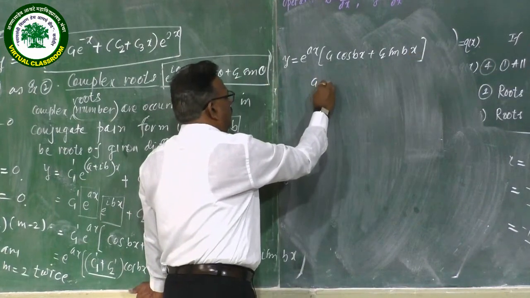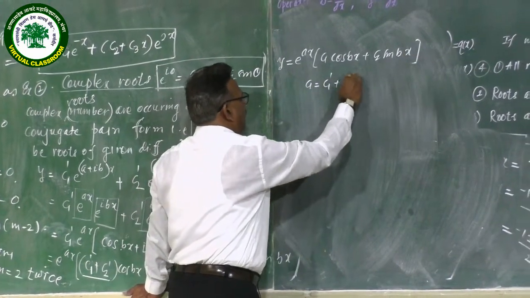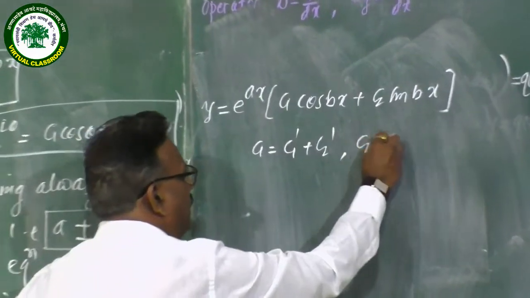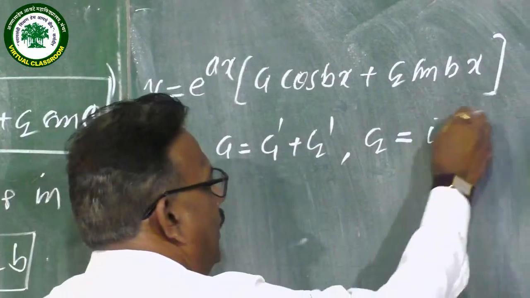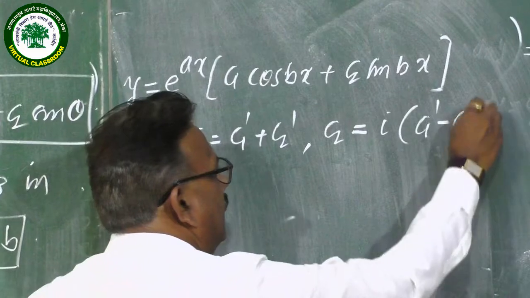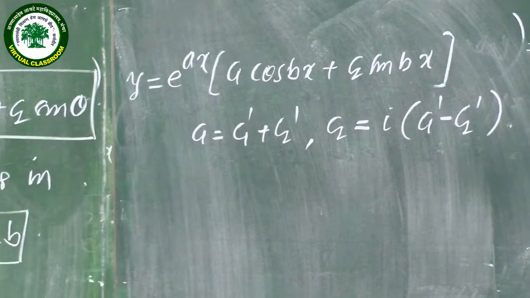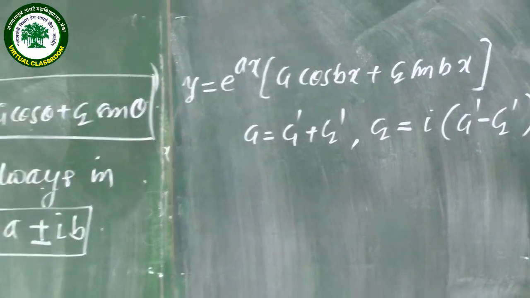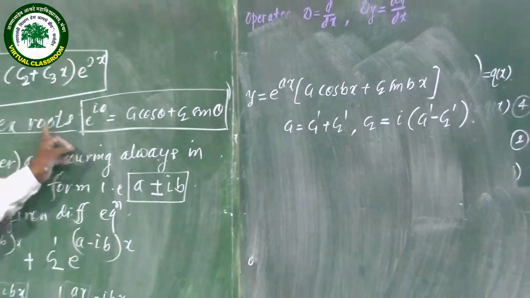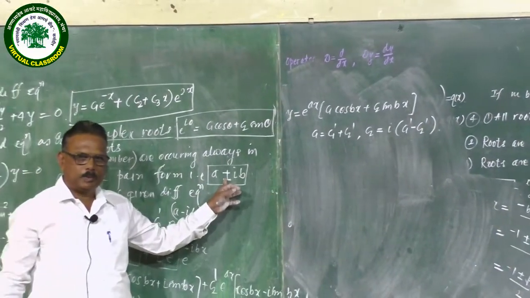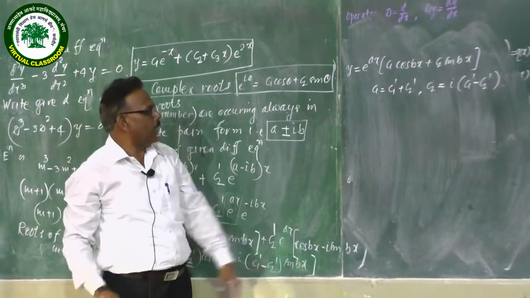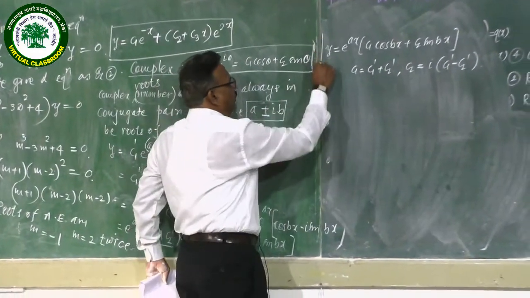This C1 is equal to C1 dash plus C2 dash and C2 is equal to i into C1 dash minus C2 dash. Then when the roots of the given differential equation are in complex form, its solution will be of this type. This is its standard solution.